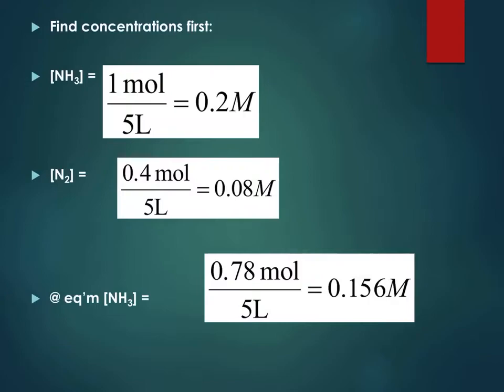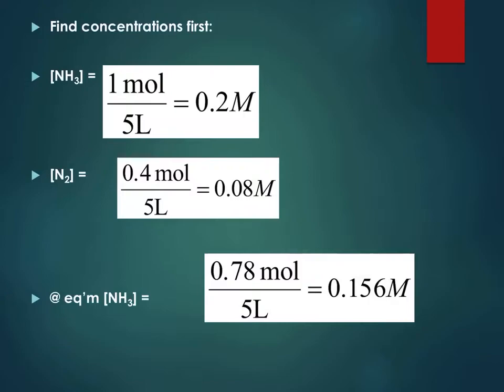We use the same volume because this is a 5-liter closed flask. You can't change the volume because, as you know, if you change the volume, that would bring in Le Chatelier's principle, and that's stressing the equilibrium, which is not what we're trying to do here. We just want to know, as is, what is going to happen with this equilibrium.